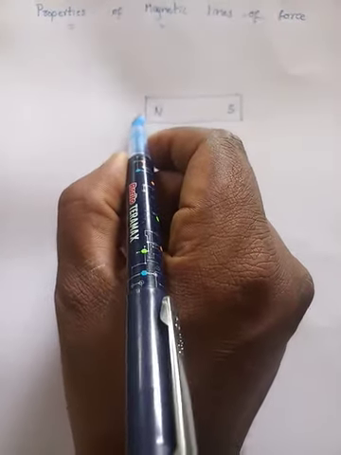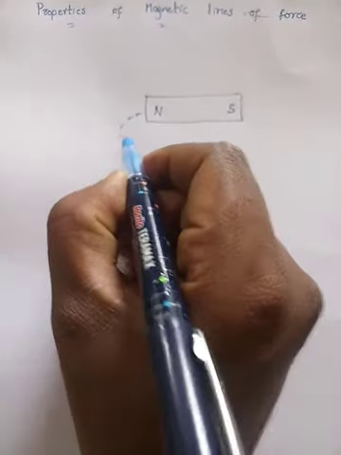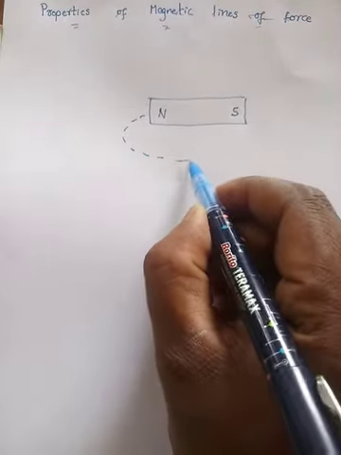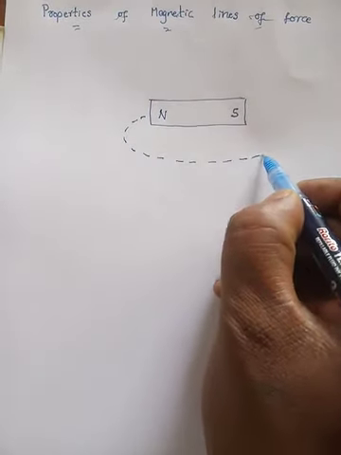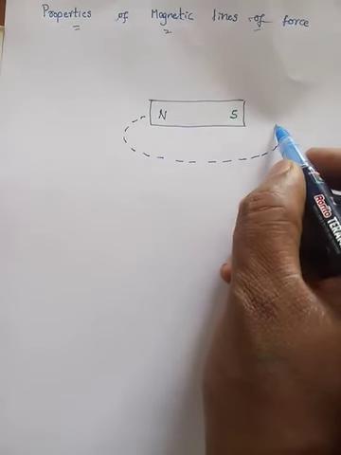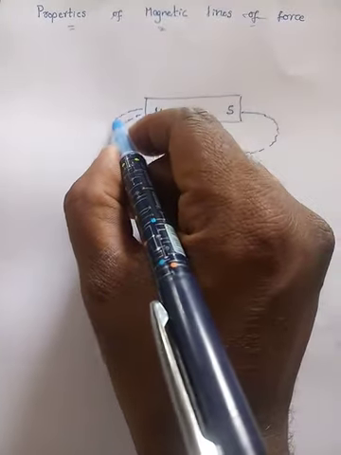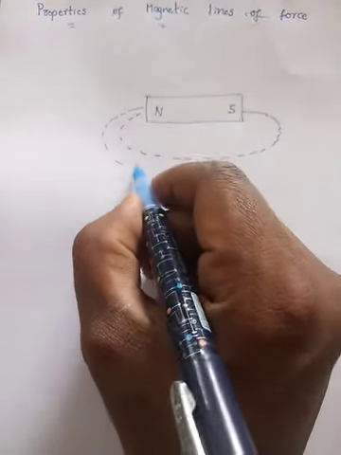What happens now? It repels. Along which path the bar magnet or the magnetic pole will move in a magnetic field is the representation of magnetic lines of force. So if you place a north pole here, what happens? If you change the direction, it changes its path.